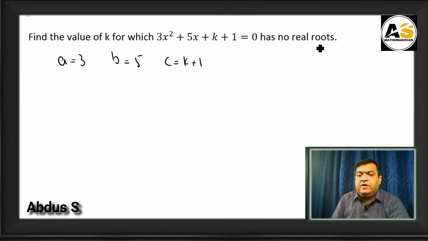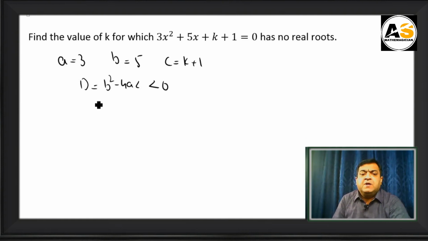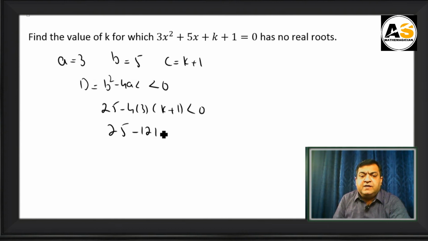For the equation to have no real root, discriminant which is b square minus 4ac must be a negative number, less than 0. B square means 25 minus 4 into a into c is less than 0. 25 minus 12k minus 12 is less than 0. 13 minus 12k is less than 0. 12k is greater than 13.